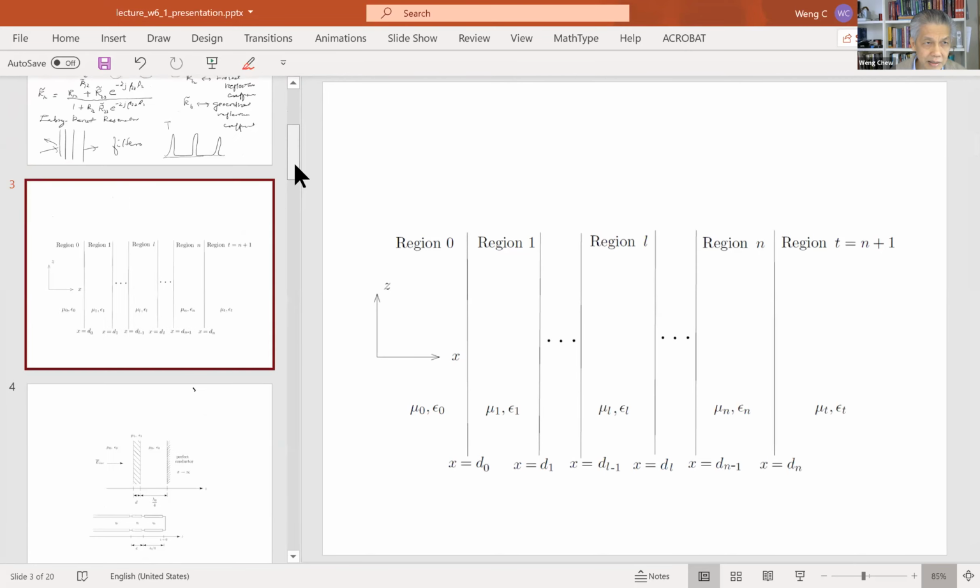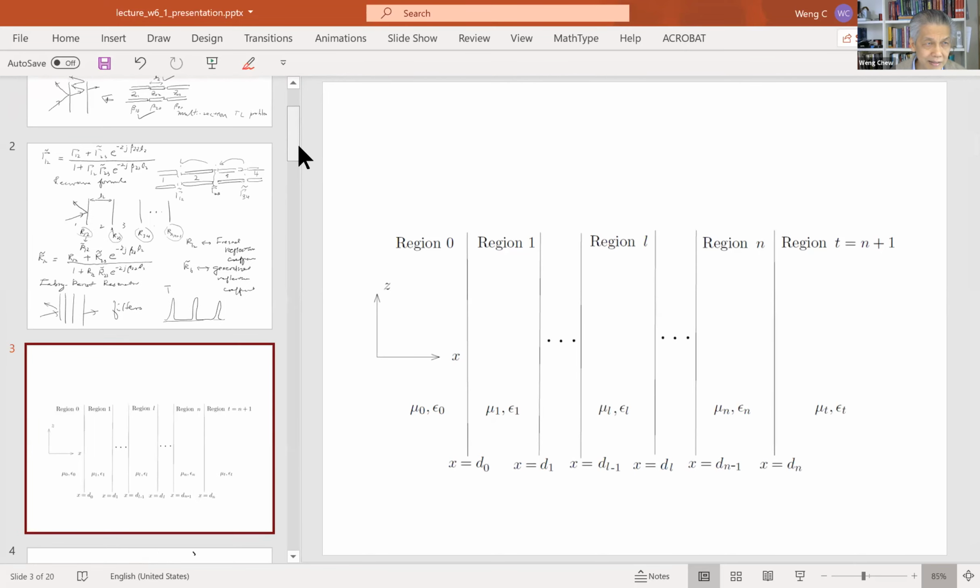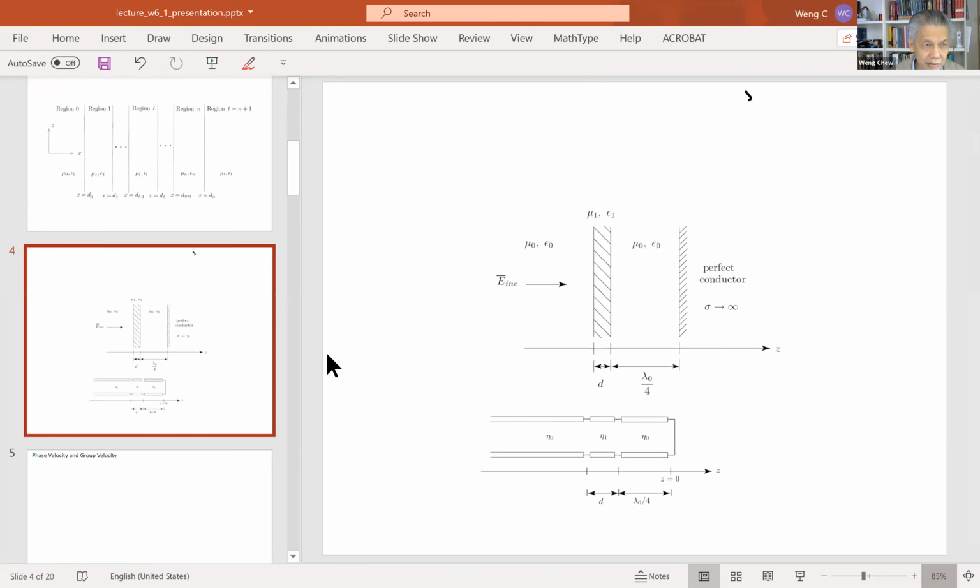Most textbooks do not treat oblique incidence, but I treated it in the lecture notes. If you look at Kong's book, he treated the case of normal incidence on this layered medium. You can map this problem into a transmission line problem quite easily, because the intrinsic impedance is mapped to the wave impedance.